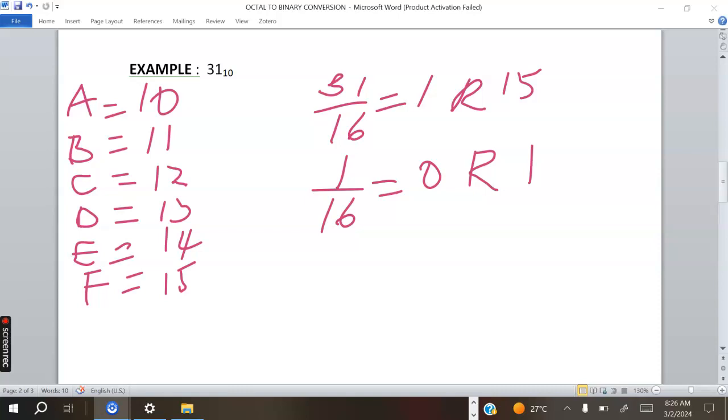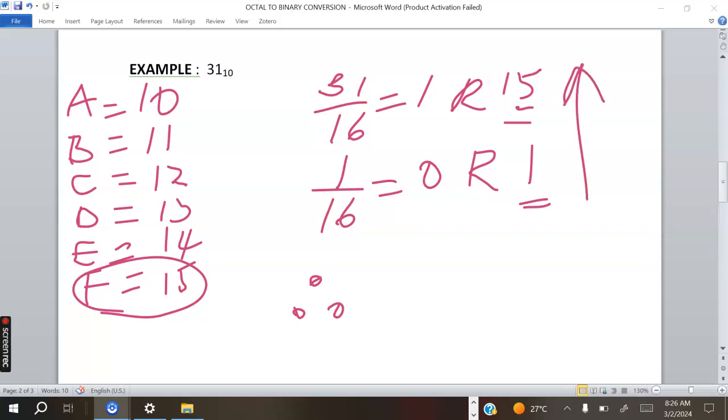As you can see, one remainder is 15, the other is 1. You cannot write 15 as the answer, so you write it as F. Sorry, remember the rules: we read the answer upward.